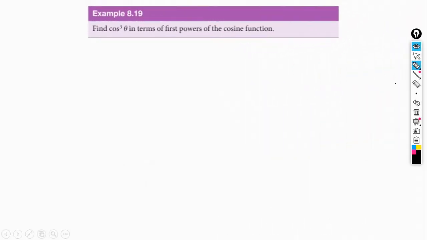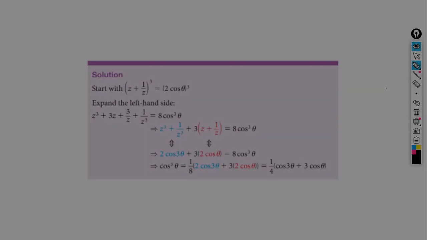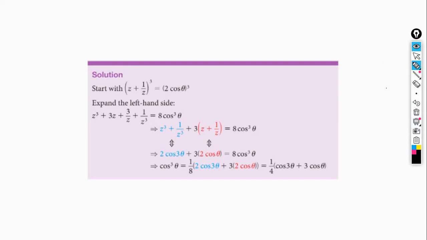So we continue with example 8.19, and it says find cosine cubed of theta in terms of first powers of the cosine function. So for this, we start with using this expression here, z plus 1 over z is equal to 2 times cosine of theta. Now, where does this come from?